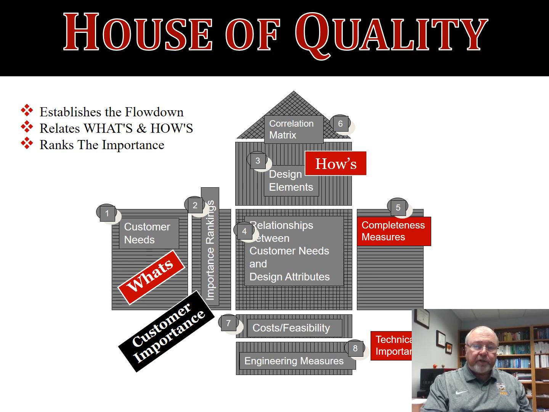Those are called the hows. In other words, these are the things that are within our control that we can manipulate to try and satisfy the what's. The hows are intended to satisfy the what's. Not all customer needs, the what's, are equally important, so we would have importance rankings. Those importance rankings usually are on a 1 to 5 scale, with 5 being most important, 1 being least important.